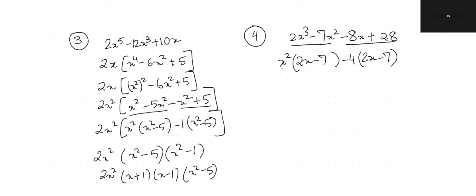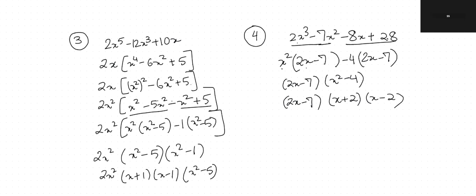So this is 2x minus 7, and this is x squared minus 4. Okay, so x squared minus 4, it is a squared minus b squared, we know. So this gives a plus b times a minus b.